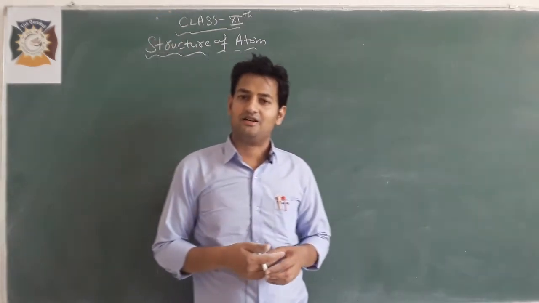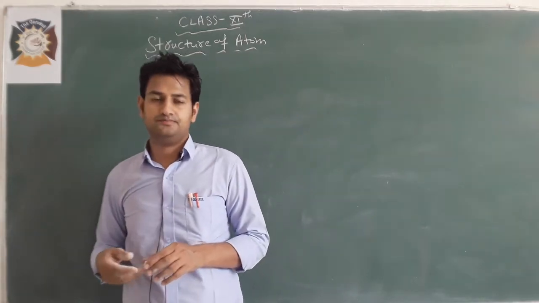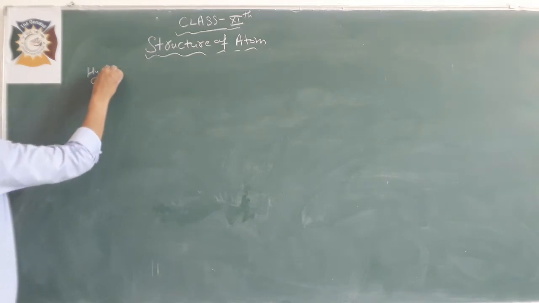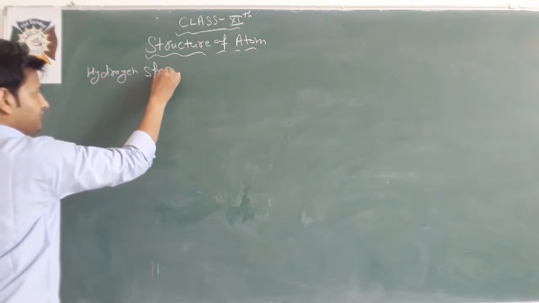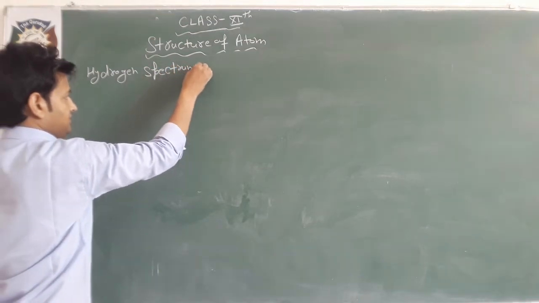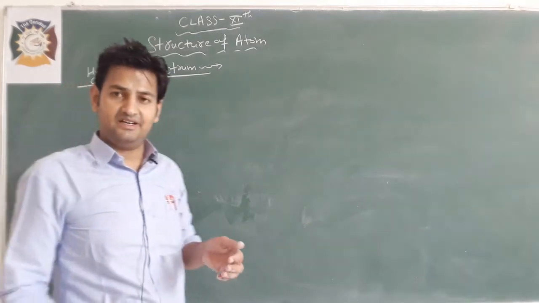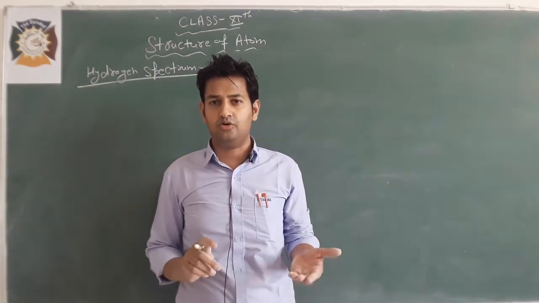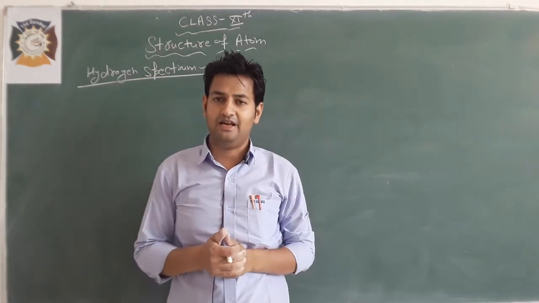These levels are called the excited state for the electrons.